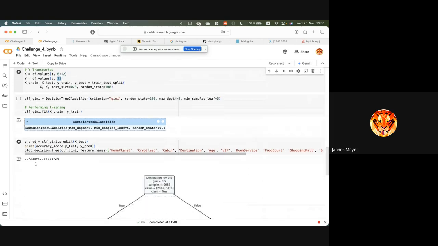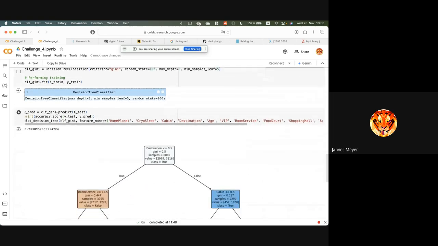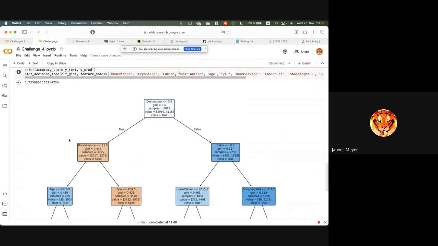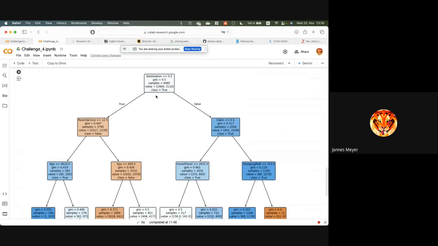And what we can see at last is our first decision tree. It's like the first version of it, but as you can already see, we have the decision tree here, which is split by destination at first sight, and then on room service and cabin.